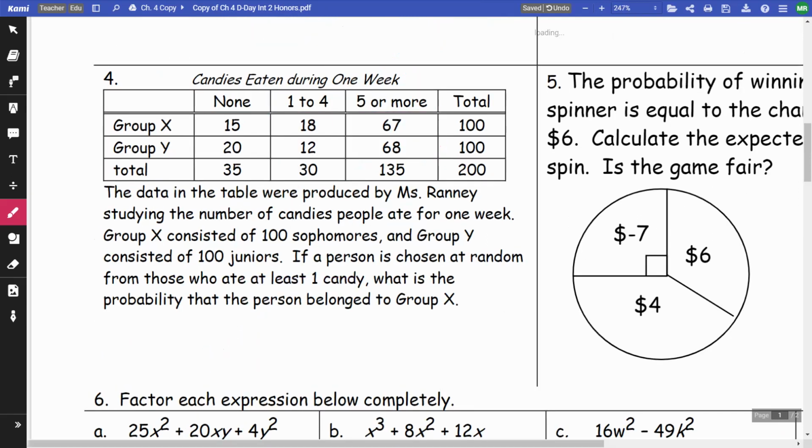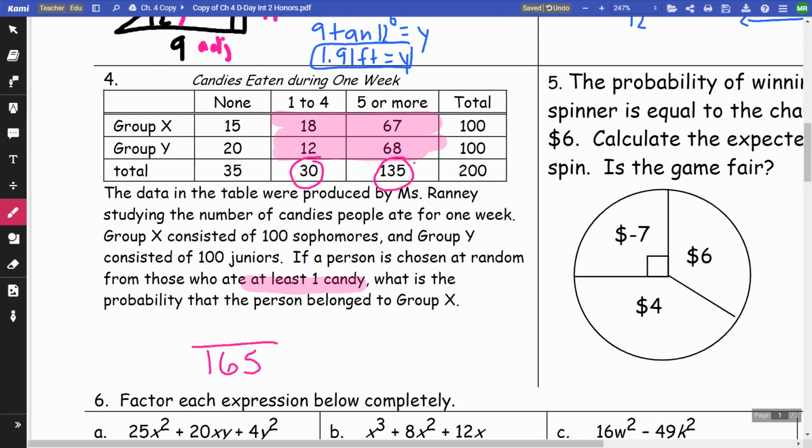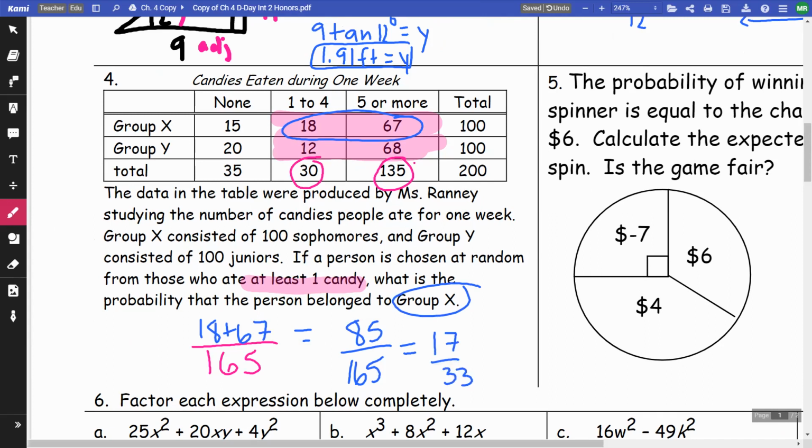Then I want to know what is the probability that they're from group X. Group X would be these 18 and 67. And if I add that up, I'm going to get 85 over 165 as my answer. I could reduce that. It ends up being 17 over 33.